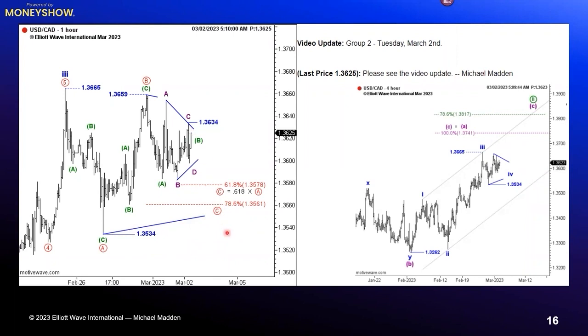Trading the C wave decline here is actually a counter-trend trade, because if we go back to our 4-hour chart, we're favoring that the strength in this market is up. The trend is up. We're looking for 5 waves to develop to the upside. So if we are considering a downside trade here, we must remember it is counter-trend.